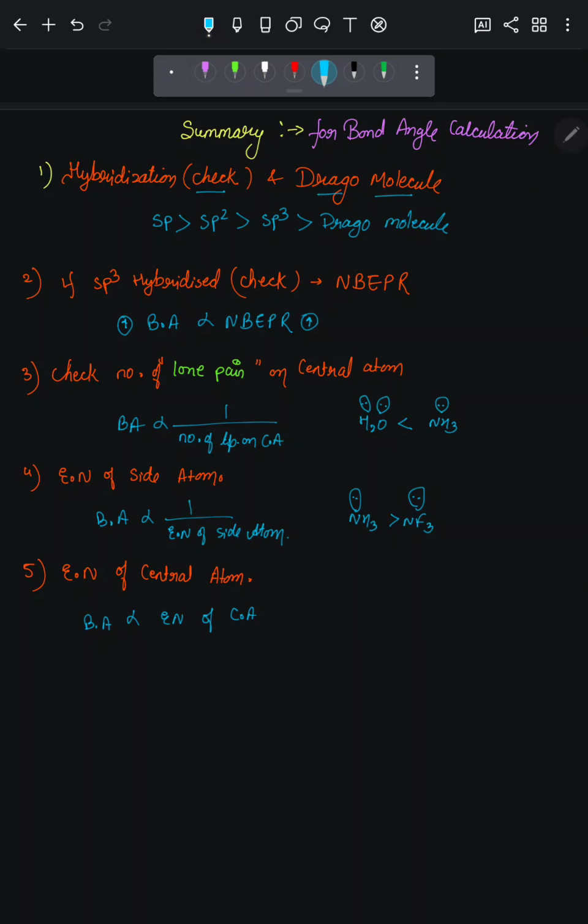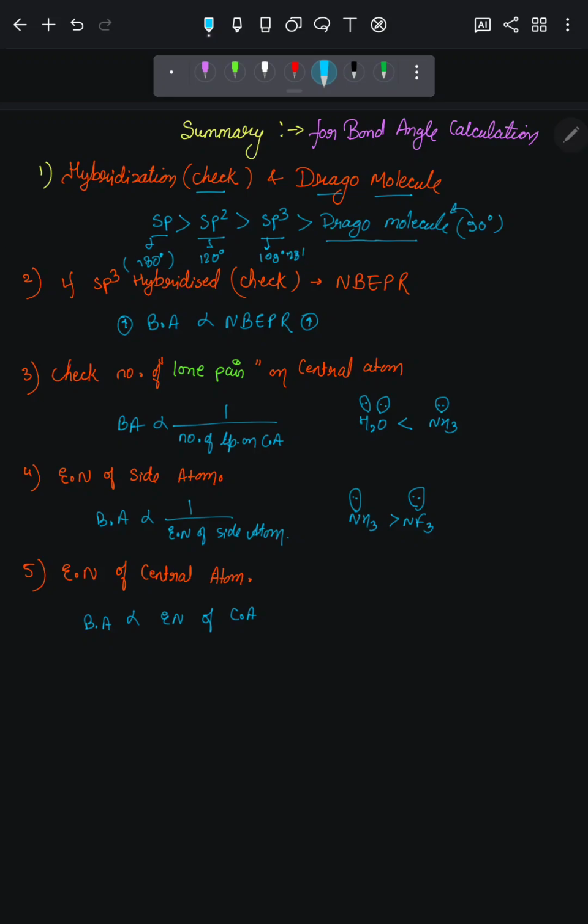The bond angle order will be sp greater than sp2, then sp3, and the Drago molecule will be the last. As we can see, 90 degrees for the Drago molecule, 180 degrees for sp, 120 degrees for sp2, and this is 109 degrees 28 minutes for sp3.